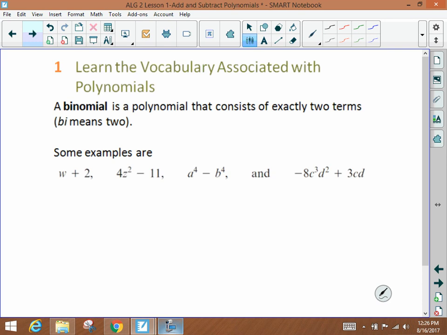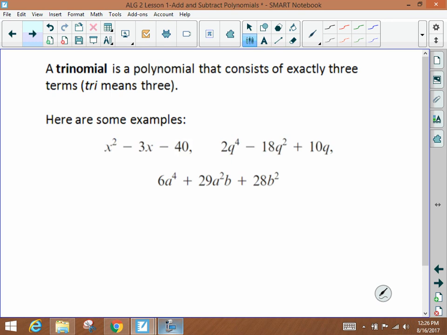Bi means 2. Refers to a polynomial that has exactly 2 terms. We have some examples down below here as well. Tri means 3, right? So a trinomial is going to refer to a polynomial with 3 terms. No problem.